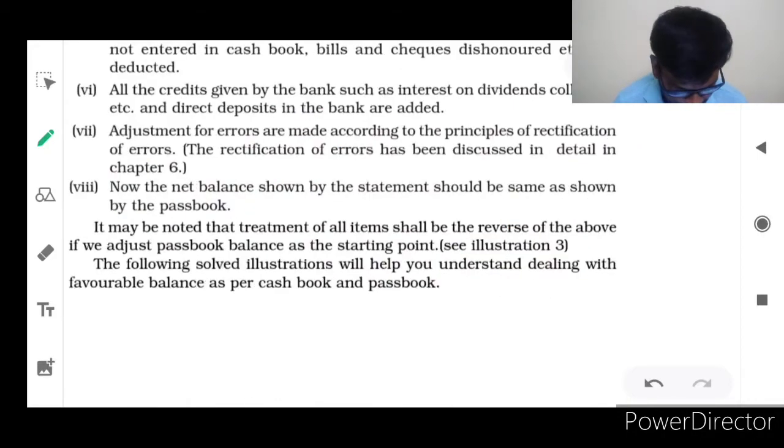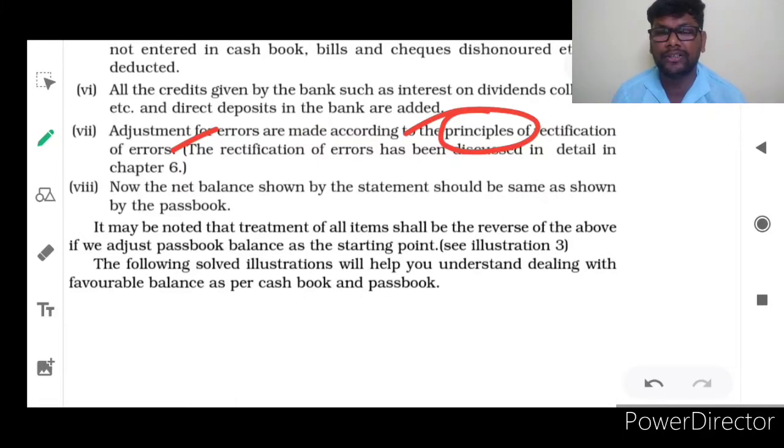Then the last two: adjustment for errors made according to the principles of rectification of errors. See, you know what is the meaning of principles? Rules and regulations. In chapter number 2 we discussed very clearly GAAP, generally accepted accounting principles. Can you remember that?